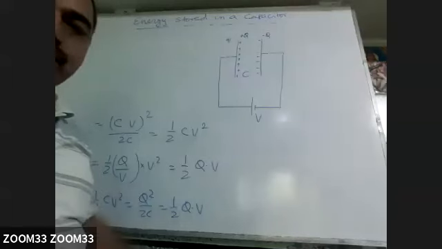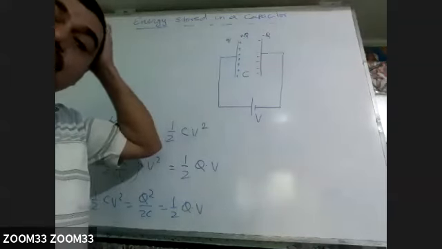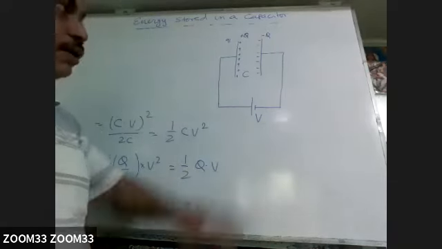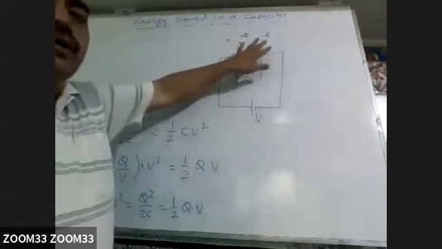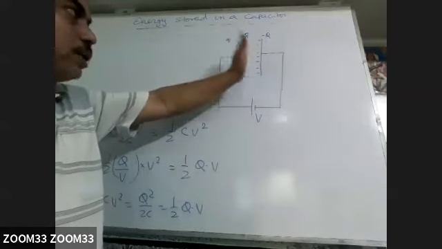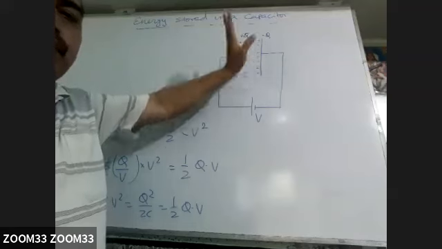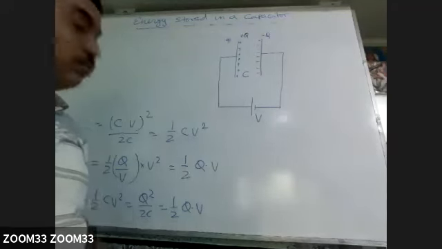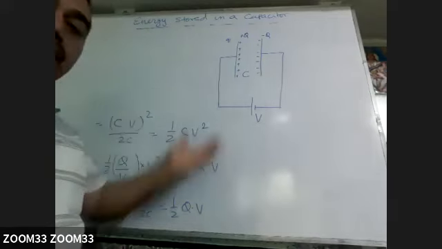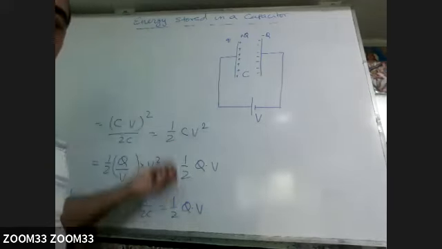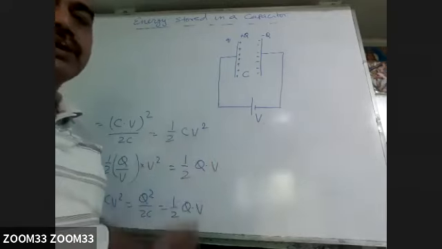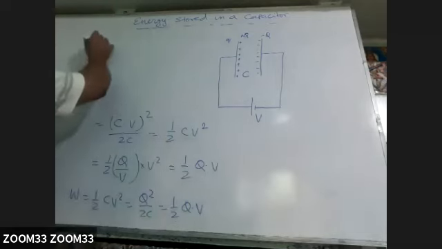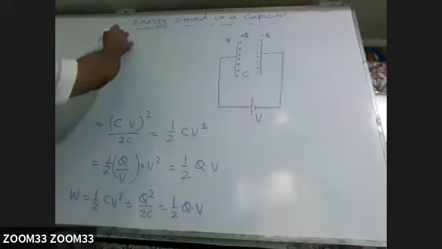So it always comes with a negative sign, because that is the work done by the field within that system. So the work done by the field will be negative. So if you are asked for potential energy stored, then with positive sign. If simply the potential energy of the capacitor, then negative sign will come. So potential energy is stored in the capacitor.